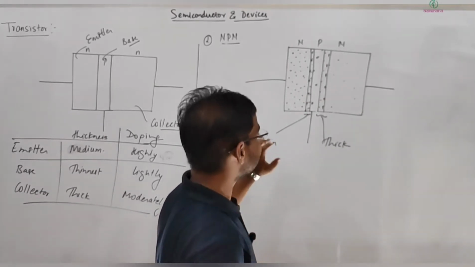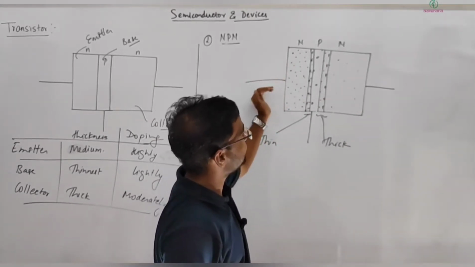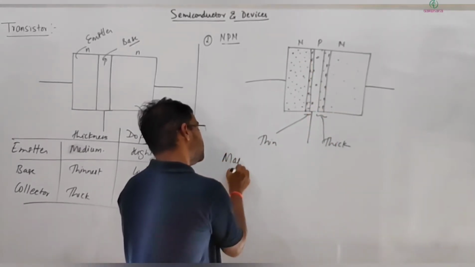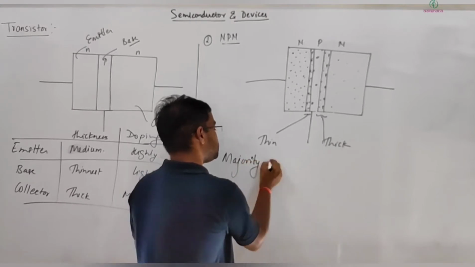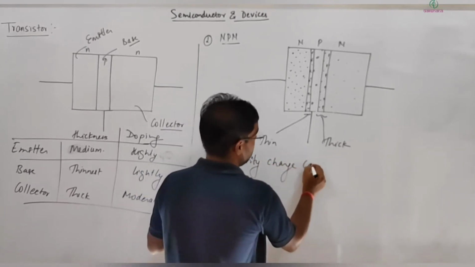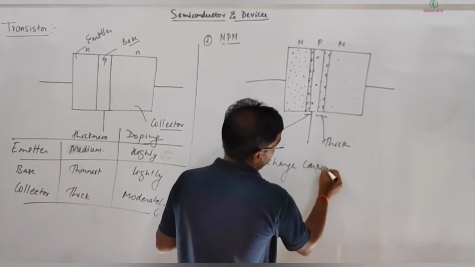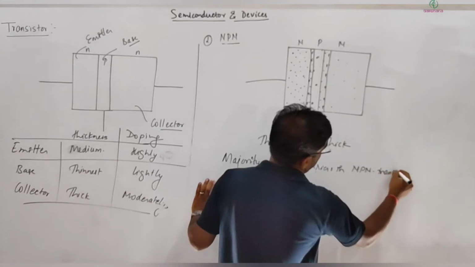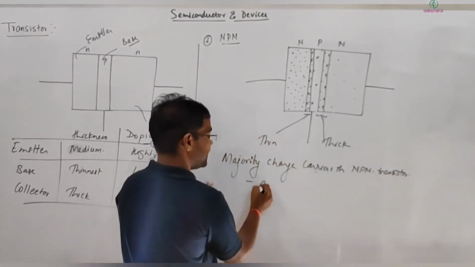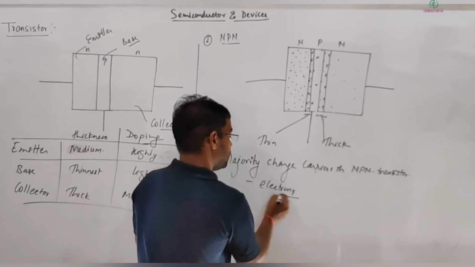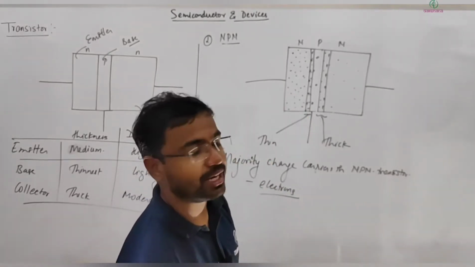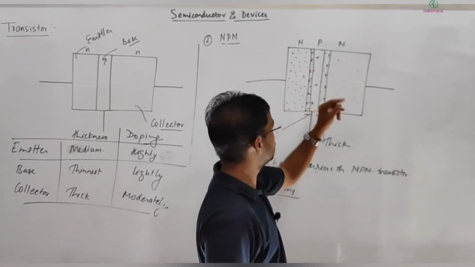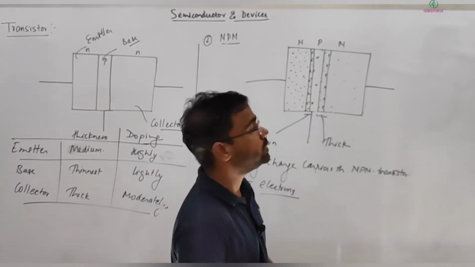So the first thing is that the emitter will supply electrons, because the majority charge carrier in an NPN transistor will be what? It's electron, and that too it will be mostly supplied from the emitter. So emitter will supply electrons, and there are only few holes actually here.